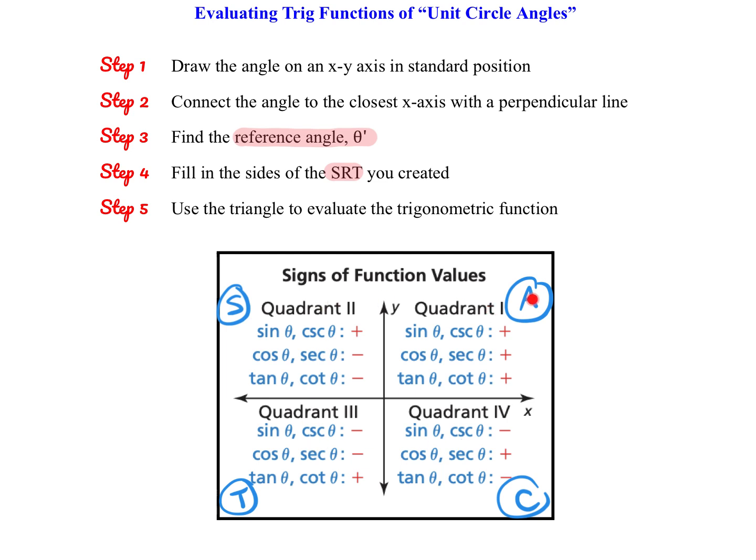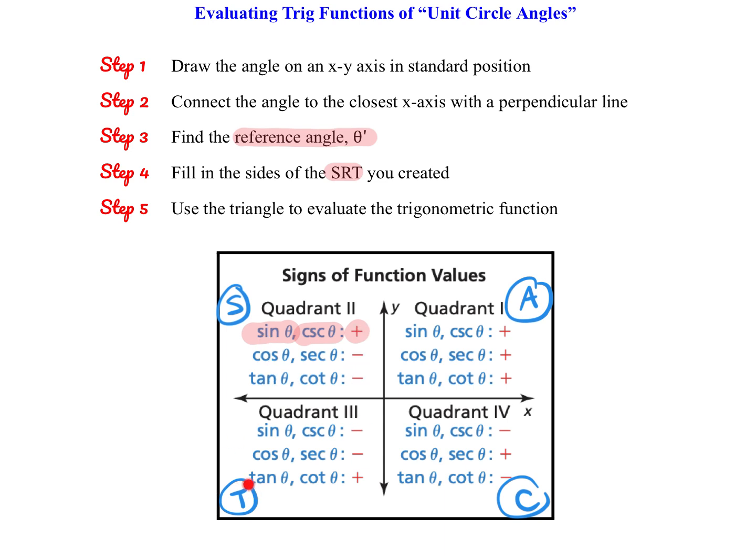So when you see A, it actually stands for all. All of your functions are positive in quadrant 1. Everything is positive. Now in quadrant 2, we have this S. That tells us that only sine is positive. Cosecant will also be positive because it's the reciprocal function, but we'll just be talking about sine today. So if sine is the only positive one, that means cosine and tangent must be negative.